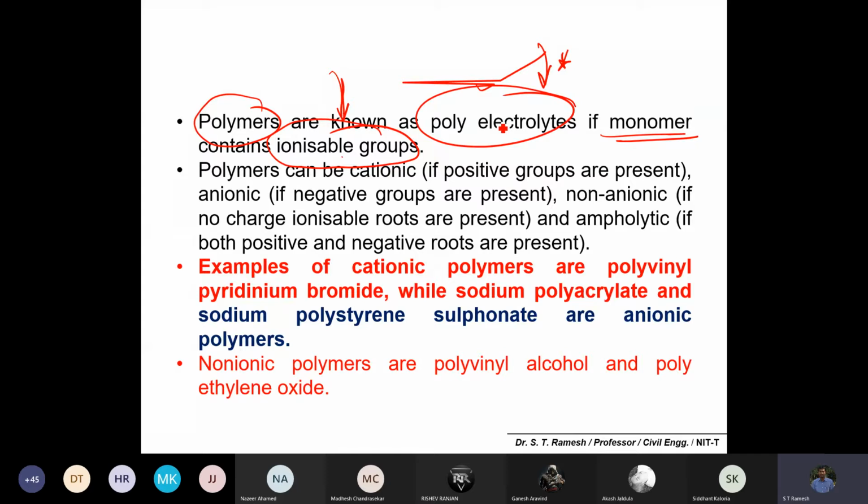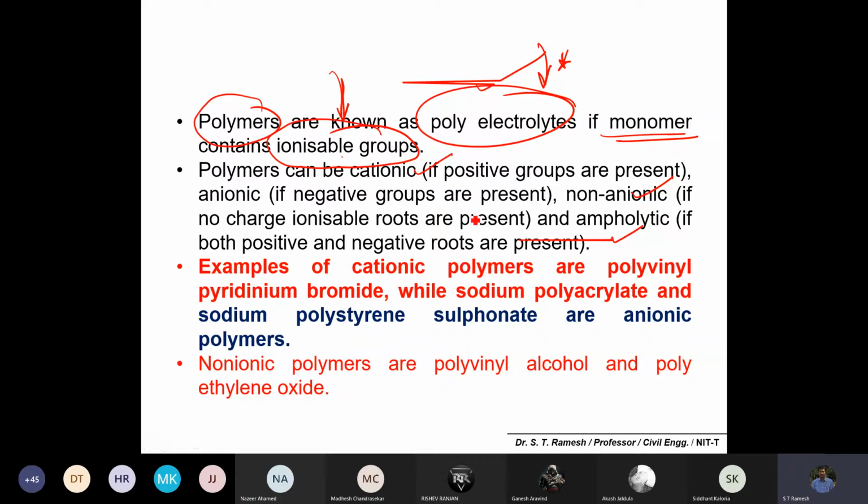And polyelectrolytes are again classified: cationic, non-ionic, and ampholytic also.